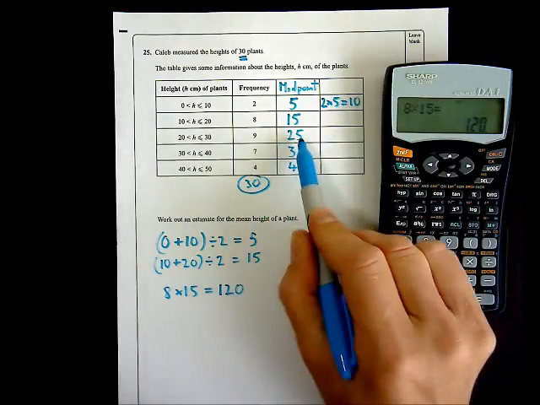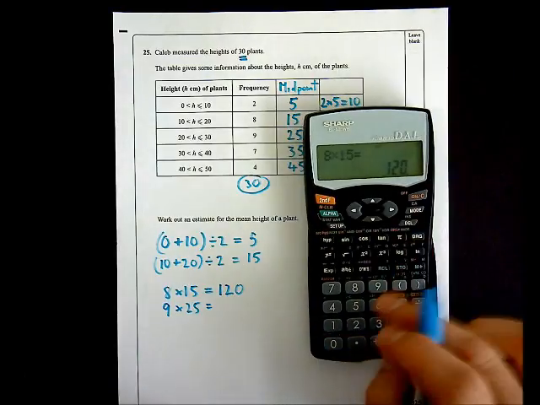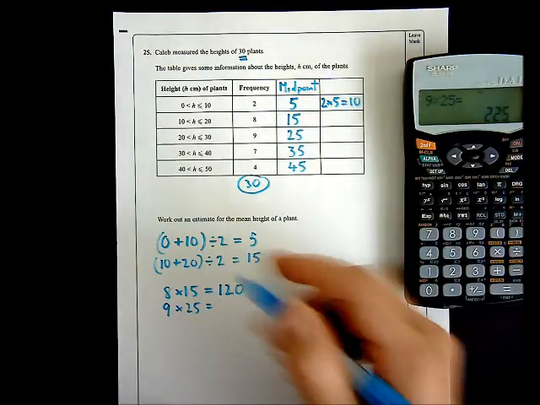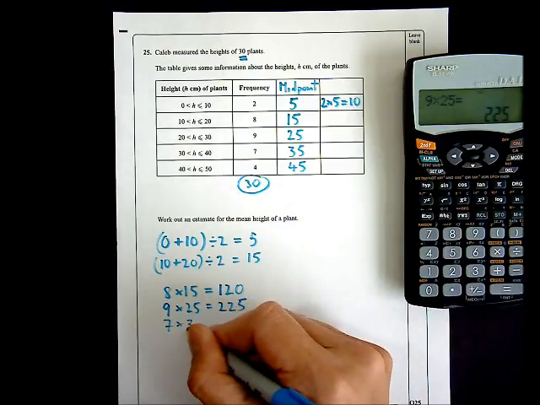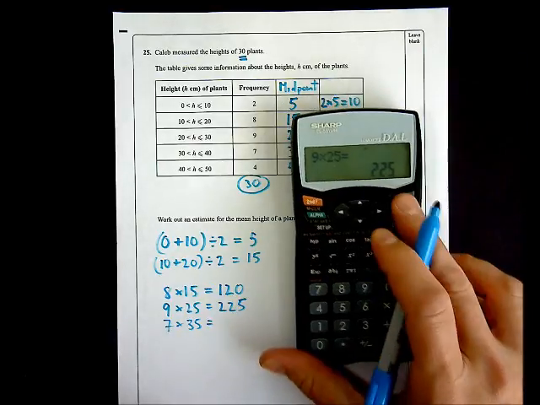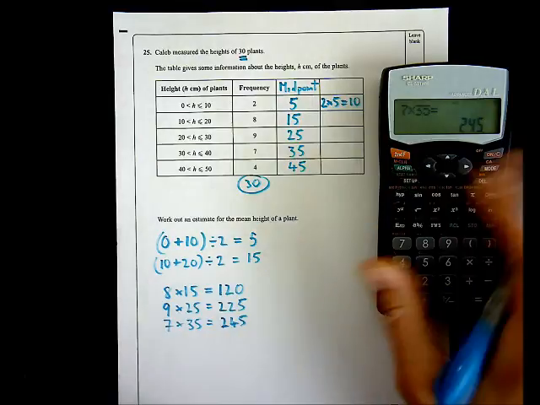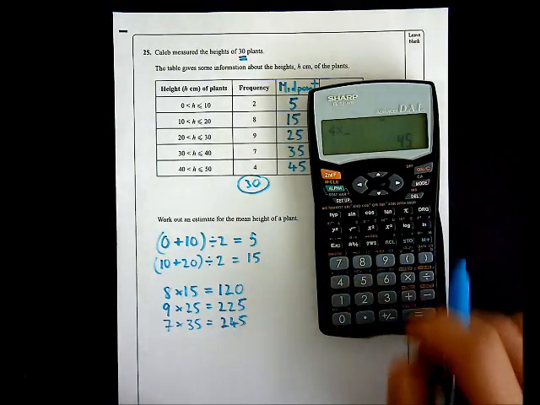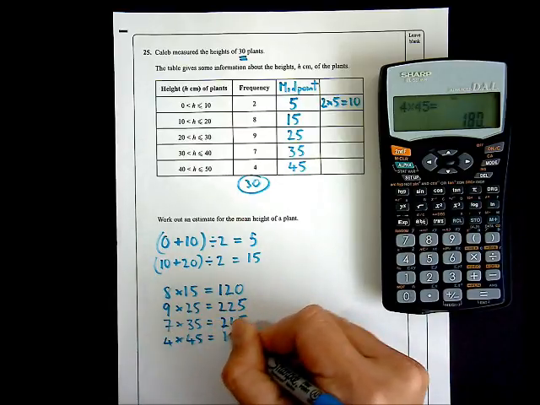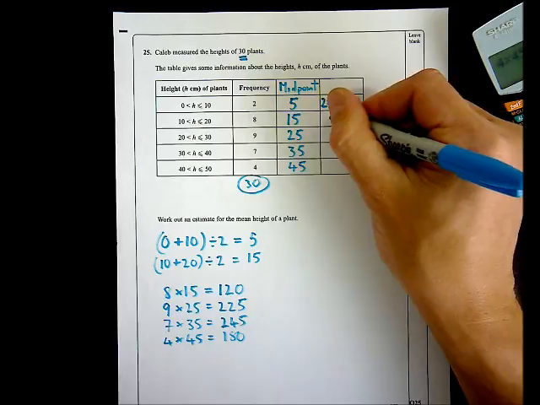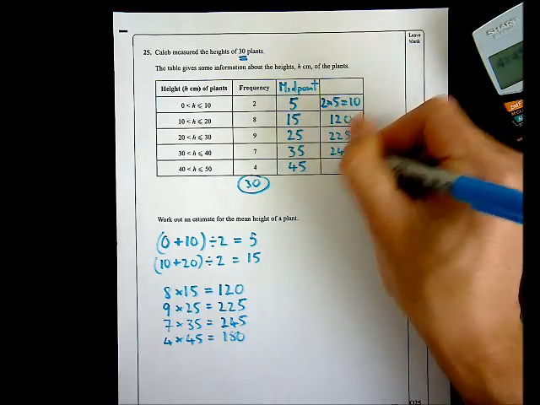And then I've got 9 times 25, 225, and 7 times 35, 245, and I'm going to continue until I've finished with all the numbers in my table. 4 times 45 is 180. Okay, if I transfer those numbers to my table, 120, 225, 245, and 180.